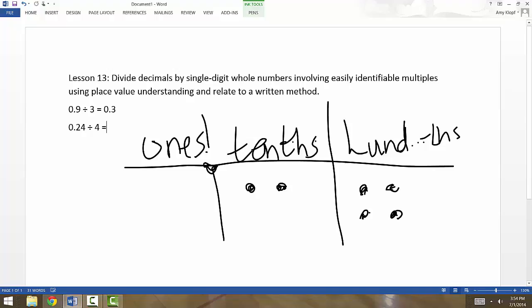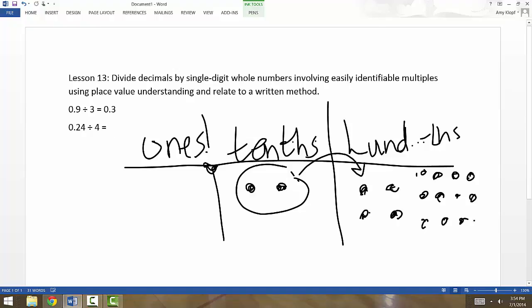Since I have more than 10 tenths, I can take those tenths and make them into hundredths. I can take 10 of these tenths and move it over to the decimal side. That is 24 tenths.